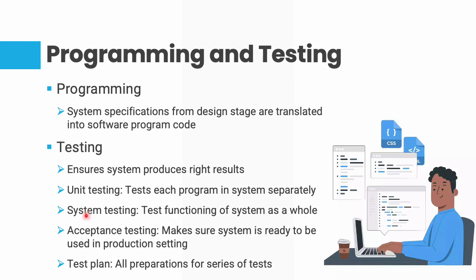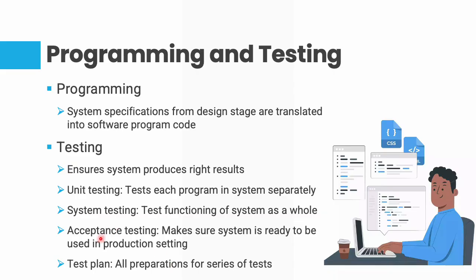And next, the system testing. After each unit works, we put all the parts together and test the whole system. Does everything work together smoothly? Or it's like taking the whole car for a test drive to see that all parts work in harmony.